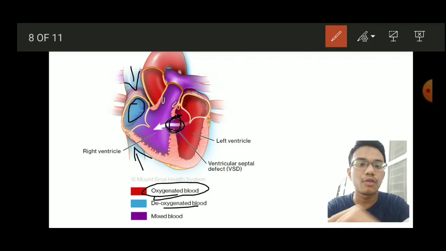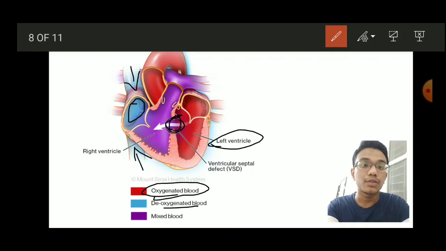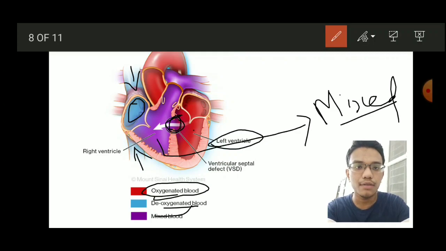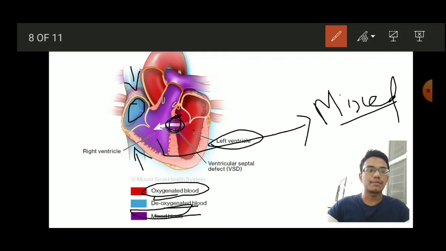So right atrium is full of deoxygenated blood and the left ventricle is full of oxygenated blood, and through this shunt the blood is traveling to the right ventricle and mixing with the deoxygenated blood, leading to mixed blood. So this violet color which you are seeing is the mixed blood. This is what happens here.